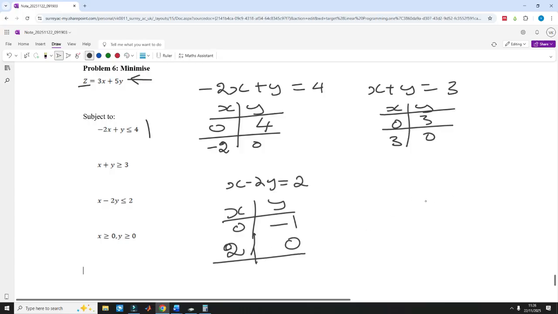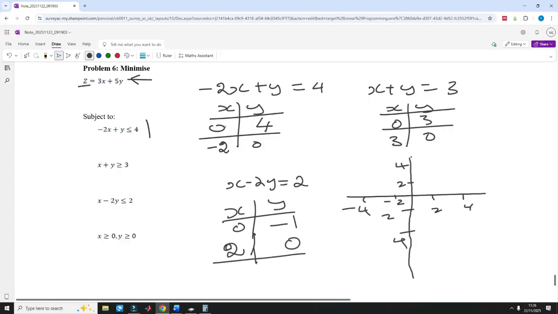So now we can plot these equations. Let's plot the first equation, minus 2x plus y is equal to 4.